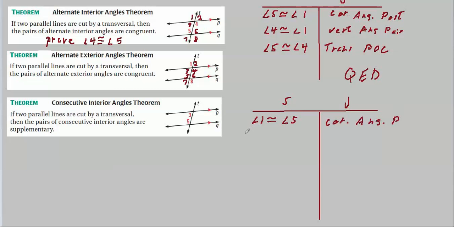What else? Well, angle 8 is congruent to angle 5, isn't it? Why? Once again, they form a vertical pair.